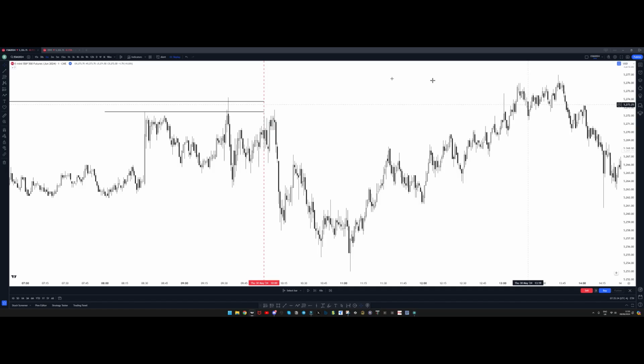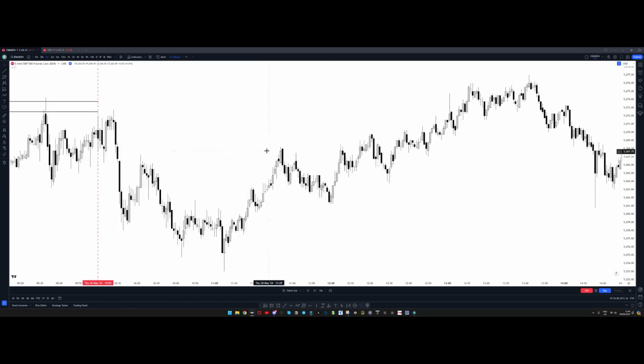In what part of all this price action did price move the fastest, the furthest? Was it up here? Or was it exactly where I preempted the distribution phase to be? And I hope your eyes were drawn to this move right here.